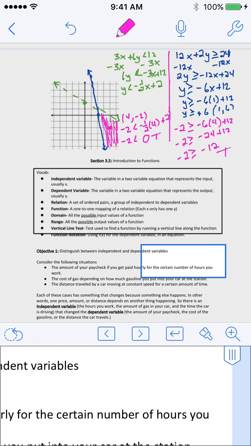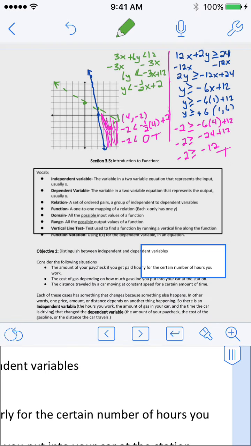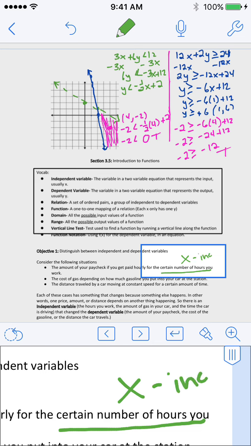So this is what we call our independent variable, and our independent variable is always going to be x. So a certain number of hours you work, that's going to be our x. X is always the independent variable. Now, since that's independent, we can even make that note, independent, put it in parentheses. Then something's got to be dependent, right? So what would be dependent in this situation?